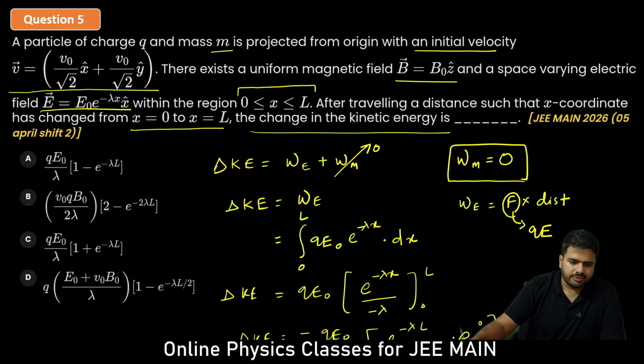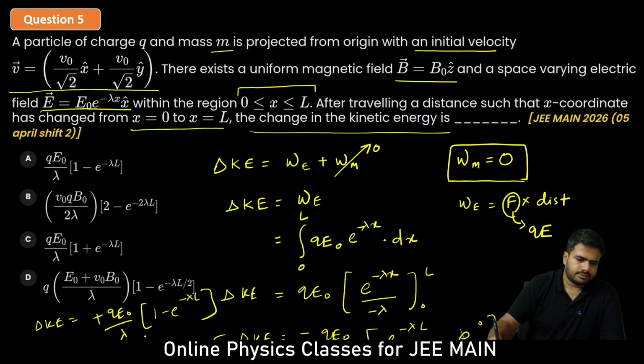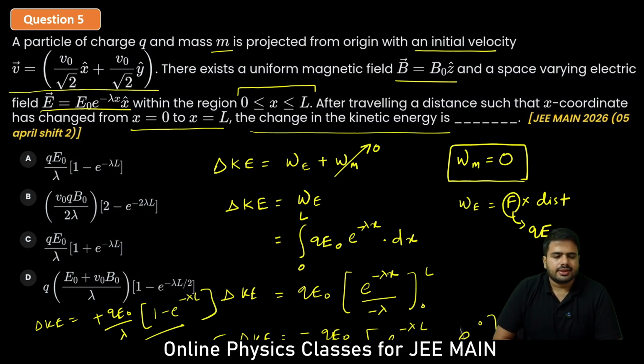Further simplifying, we get change in kinetic energy as minus Q into E naught by lambda. Let's take this negative sign inside, and e to the 0 is 1, so we will get 1 minus e to the power minus lambda L. Okay, this is the value.